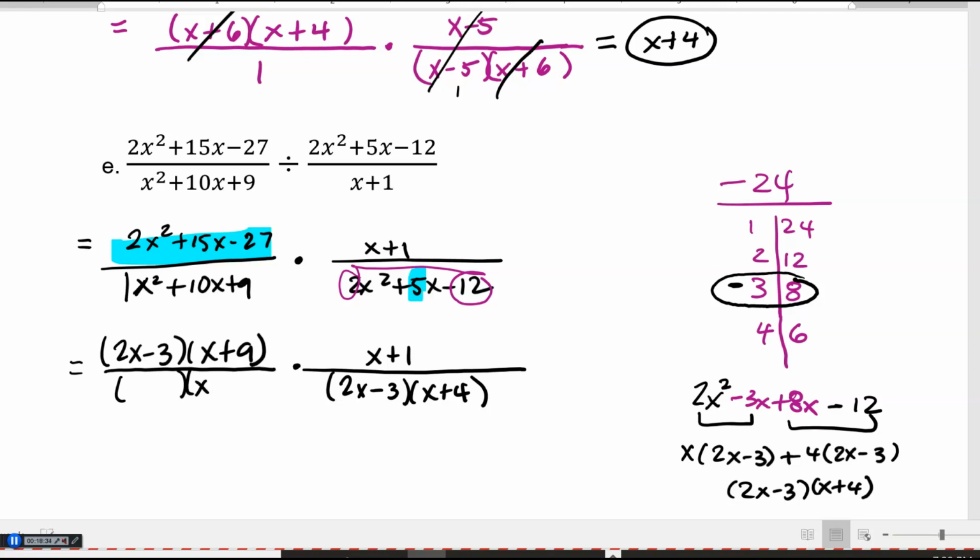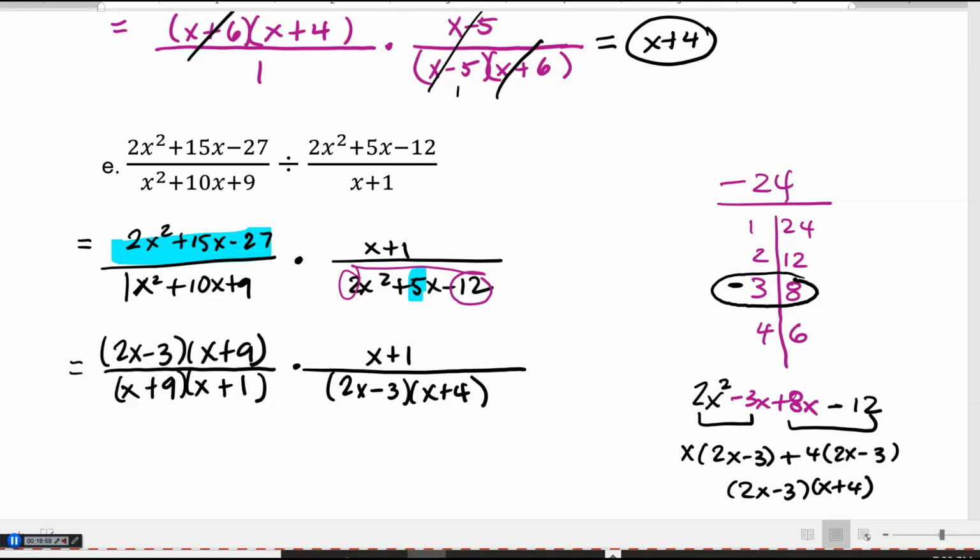So I already know it's going to be x times x, right? So that's really the issue with AC method. You want to know what goes in this position, and AC method really helps you with that part of it. Now I want to know what factors of 9 add to 10, right? That's pretty simple. Just 9 and 1.